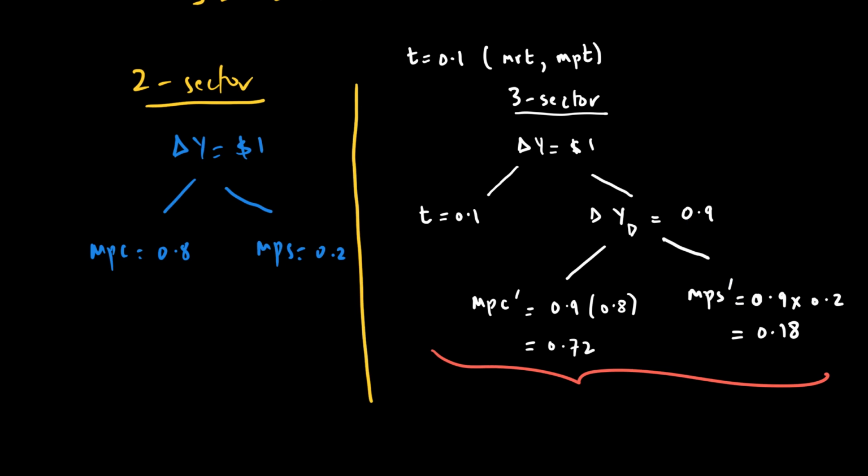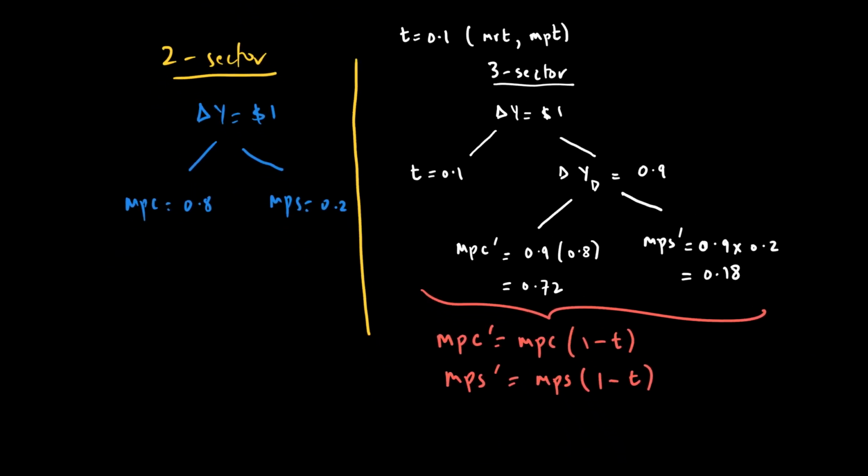If my tax rate is, for example, 0.1, I'm left with 0.9, so I'm going to adjust my MPC and MPS. In other words, we can find an after-tax equation. MPC after tax will be old MPC times 1 minus T. Similarly, MPS will be old MPS times 1 minus T. So that's an adjustment we need to make to get after-tax consumption and saving.